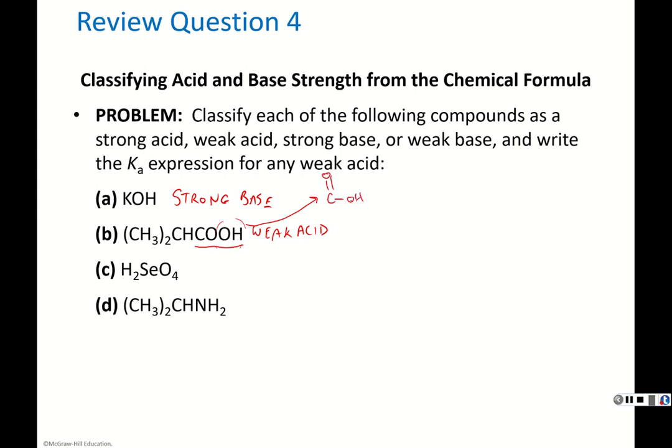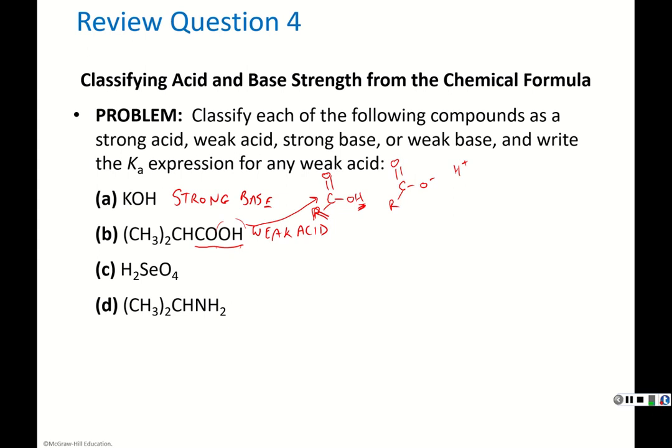This is our carboxylic acid, right? And that can be attached to any number of things that I can abbreviate as an R group. And this is the proton that it can lose. So when it loses that, it becomes COO minus, gives up that proton, which then raises the proton concentration. That's why it's an acid. But it is a weak acid because this does not dissociate fully.